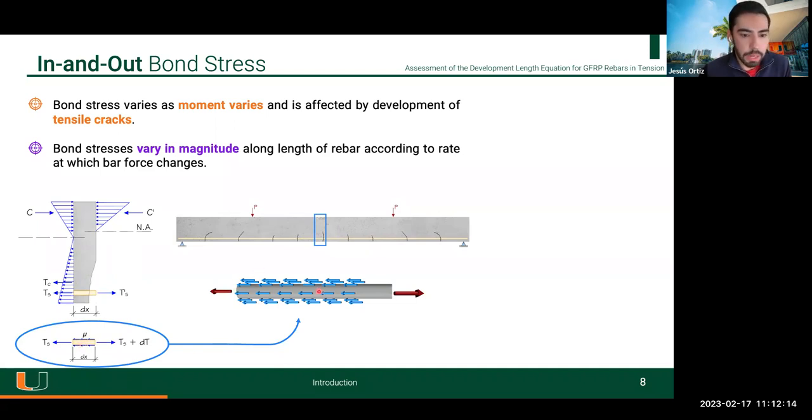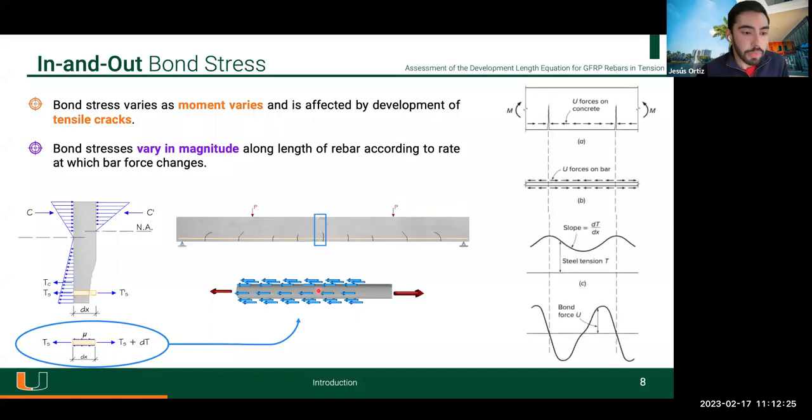In this diagram, I'm representing the bond stresses with blue arrows of the same size, assuming a constant bond stress, but in reality you have multiple cracks along the length of the rebar, and the distribution of bond stresses is complex to determine.